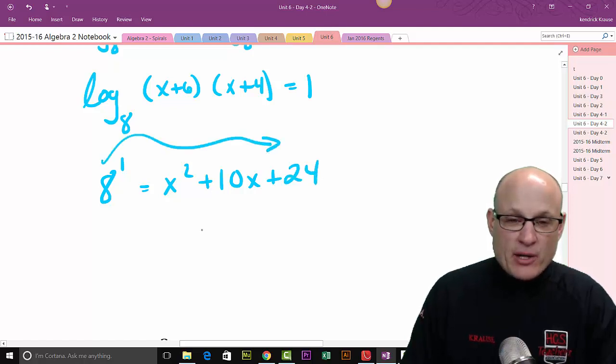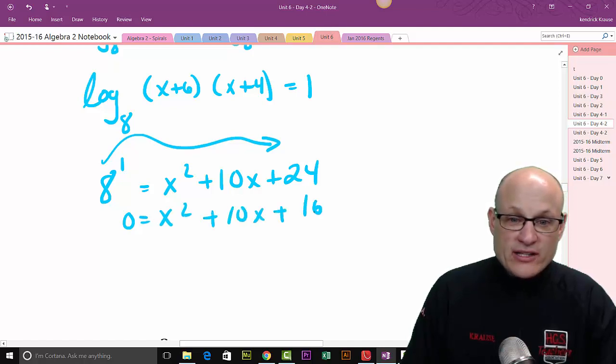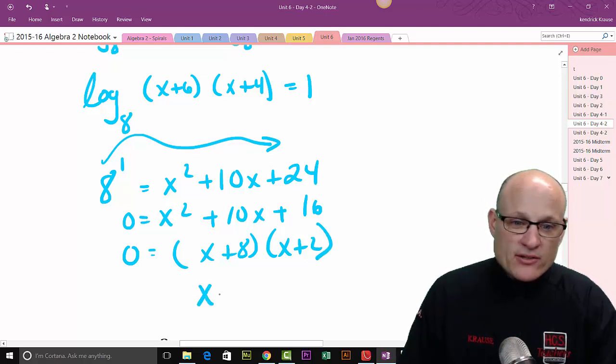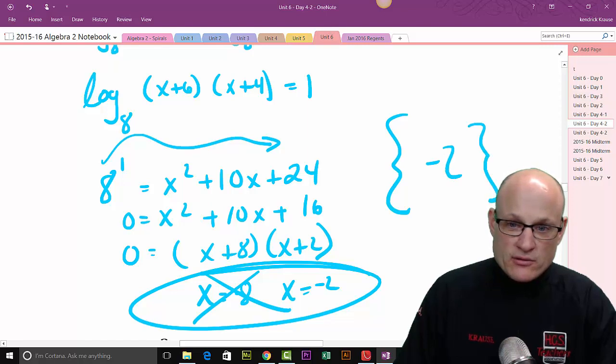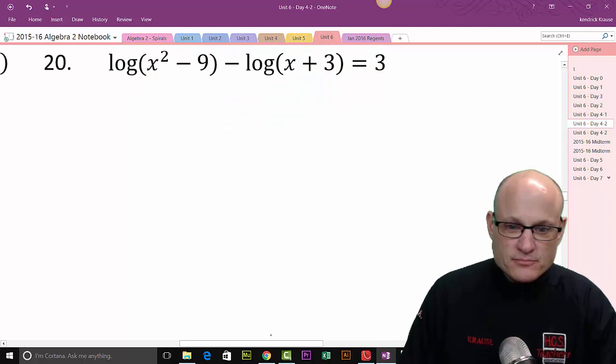We'll subtract that 8 by bringing it over, so I get 0 is equal to x squared plus 10x plus 16. X plus 8, x plus 2. So my two answers are x equals -8 and x equals -2. This one will cancel. So -2 is my solution. Let me make sure -2 is okay. Yep, -2 is fine. -8 is a problem.